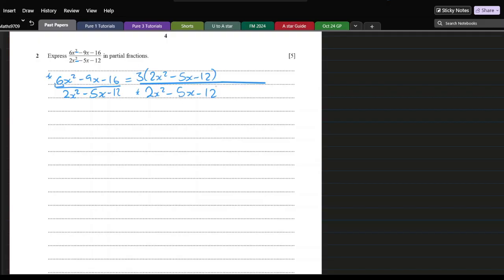So we're going to have to fix that by adding or subtracting outside of the bracket. 3 times negative 5x gives us negative 15x, but we want negative 9x, so we have to add 6x. So outside the bracket, we add 6x.